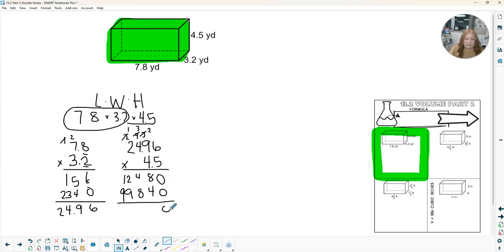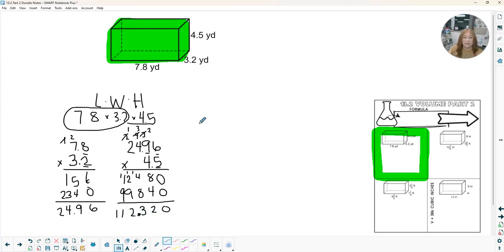So 0 and 0 makes 0. 4 and 8 is 12. 4 and 8 is 12 again, plus 1 is 13. 9 and 1 makes 10, and 2 more is 12. 9, 10, 11. So we're just like 25 times 4, that's 4 quarters is $1, so that's 100. So my answer should be close to 100. So I can see I have 1, 2, 3 decimal places. 112, right?